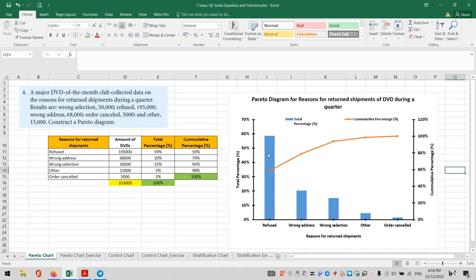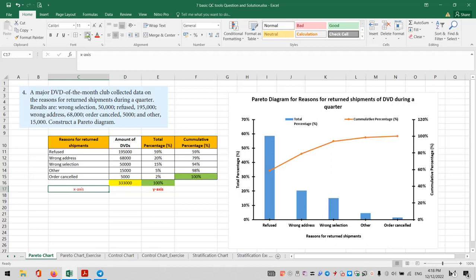Then you need to plot the total percentage at the y-axis. And for the x-axis, you need to put these items: refuse, wrong address, wrong selection, others, and order cancel.